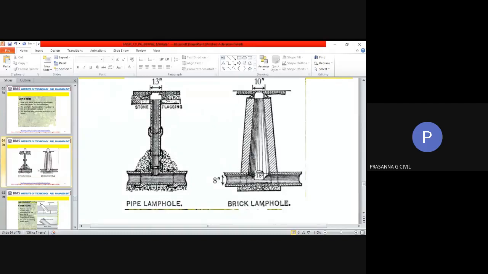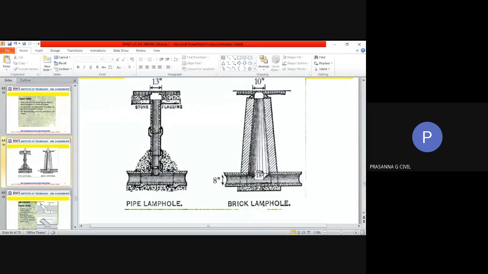Lamp holes may be located where there is a change in direction or gradient of the sewer, or where constructing a manhole is difficult due to some other reason. Okay, so when there is a change in direction or change in gradient, chances of materials getting collected are more. Sometimes you are not able to construct a manhole because of some other problem. This requires a very small space. It can be easily constructed.